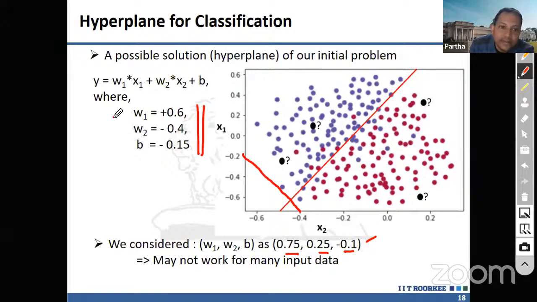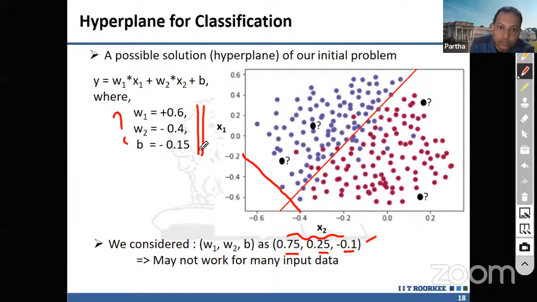So how can we find these values, W1, W2, and B? Because we have to find out the best combination: what is the weight of X1, what is the weight of X2, and what is the bias? We cannot just find them randomly and check whether it is working or not.